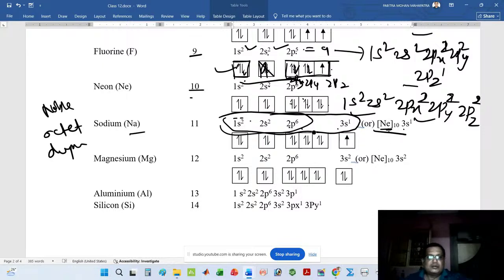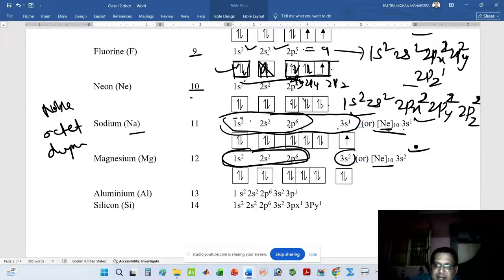Similarly, think about magnesium. This is your neon. So I have written neon 10 and the rest is your 3s2. You can convert this electron configuration using the nearest noble element, that means one which obeys the octet or duplet rule.